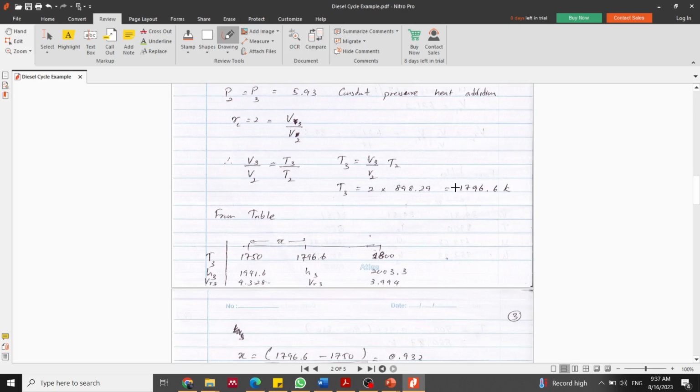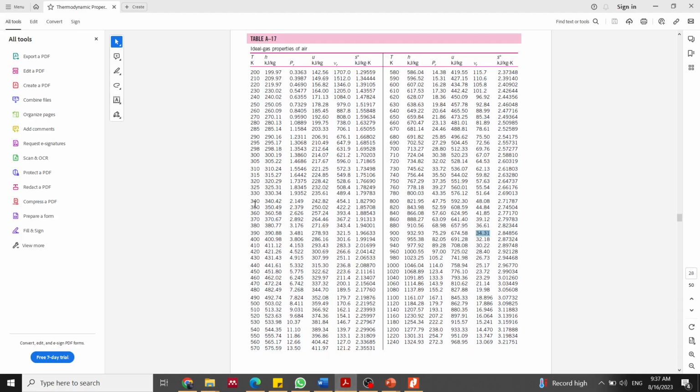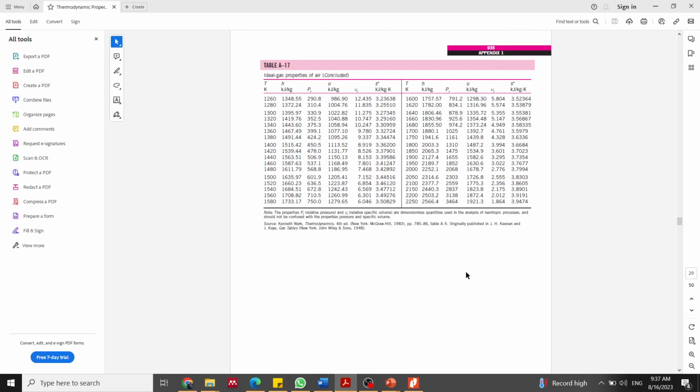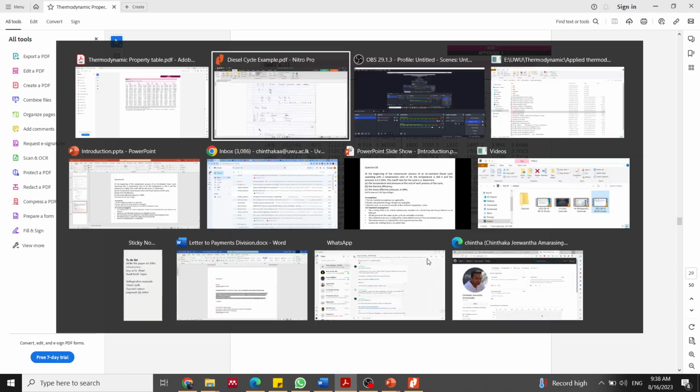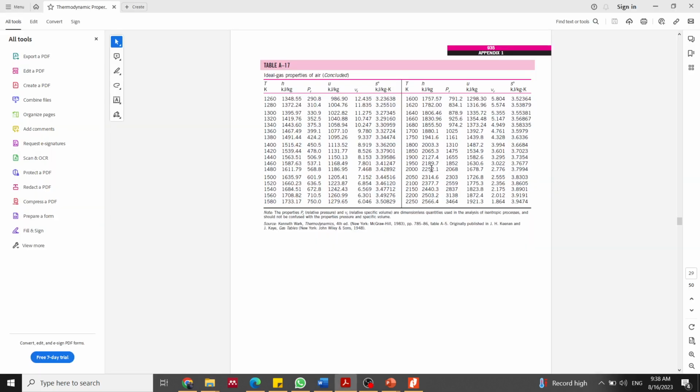Then we can refer this temperature value to the table and find out where it is. 1796, so if we refer to the table, we are interested in the temperature value around 1700. 1796 should be in between 1750 and 1800.